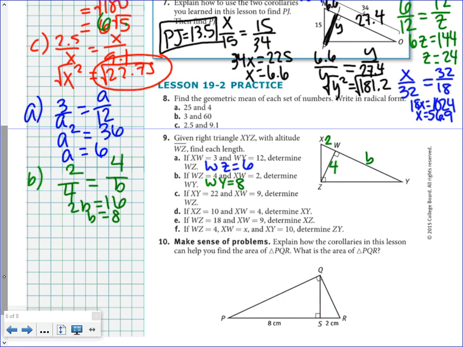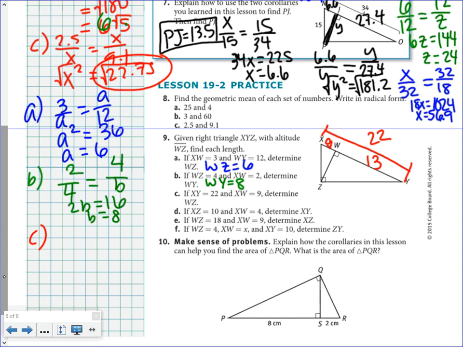Looking at part C, they tell us XY is 22, so this whole part is 22, and then XW is 9. So if I know the whole hypotenuse is 22, and this part is 9, that means that the rest of the hypotenuse must be 13.